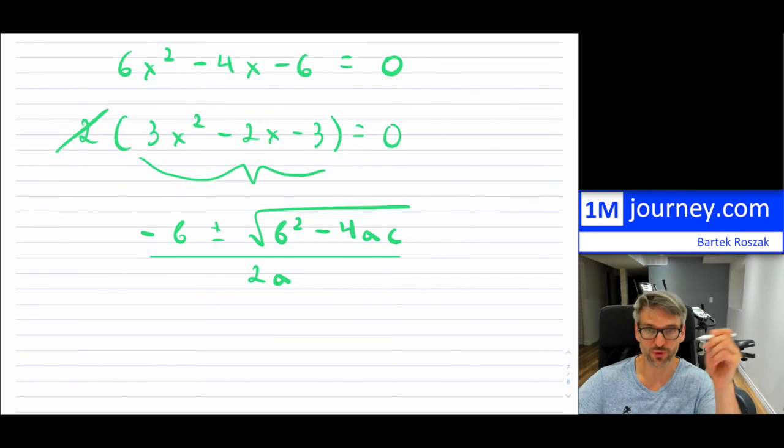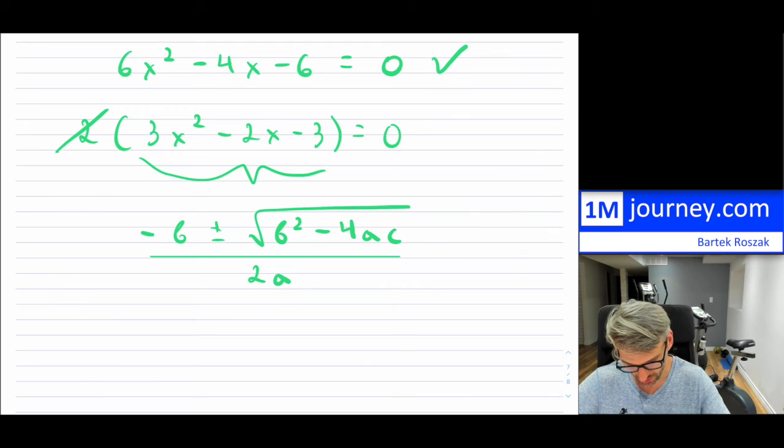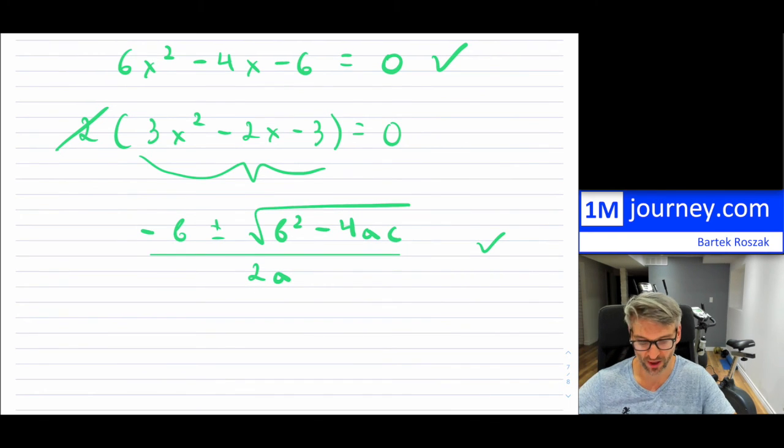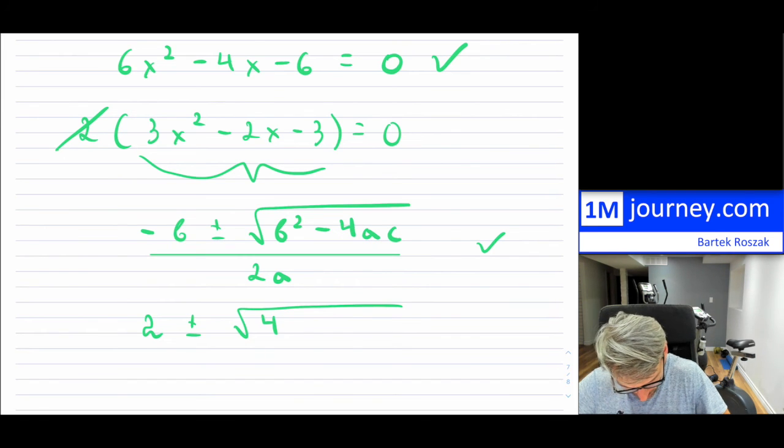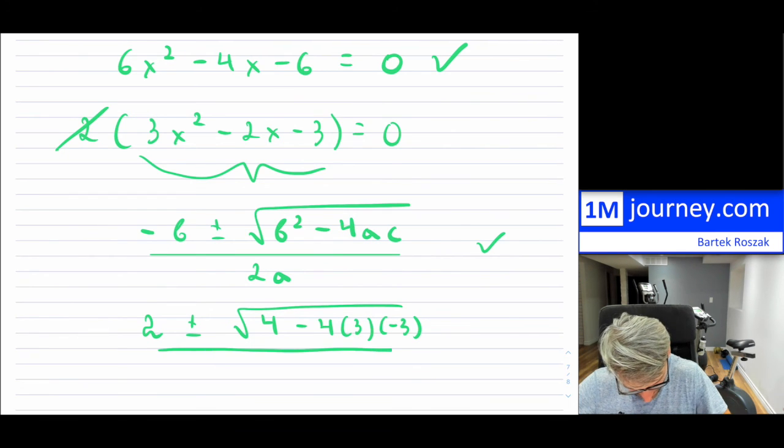If you kept the 2 in, you would get something bigger here, and you would have to reduce more at the end. So for now, negative b is going to be 2 plus minus the square root of 4 minus 4 times 3 times negative 3, over 2 times 3.